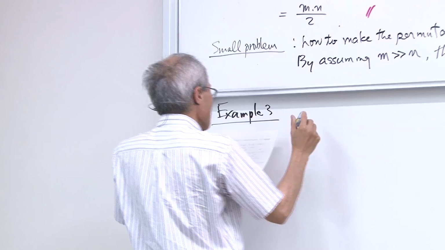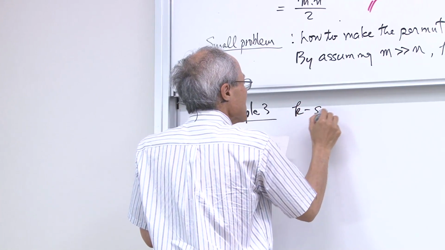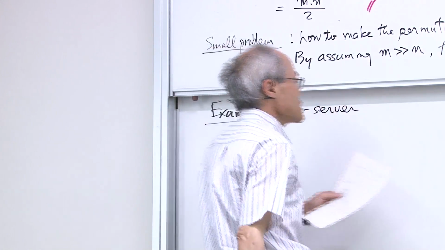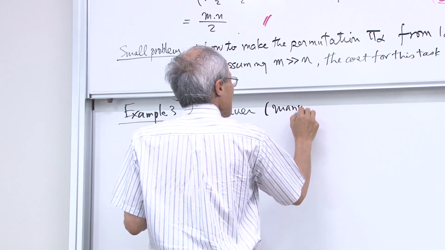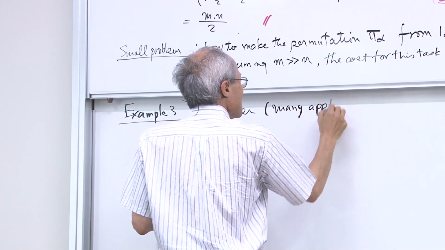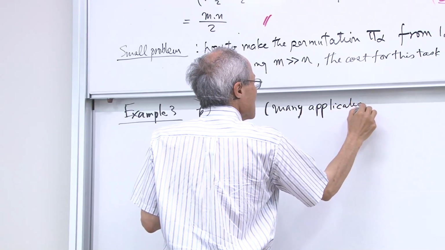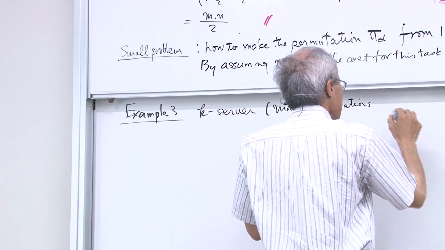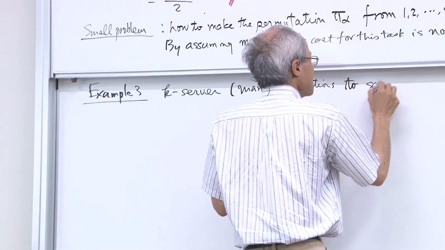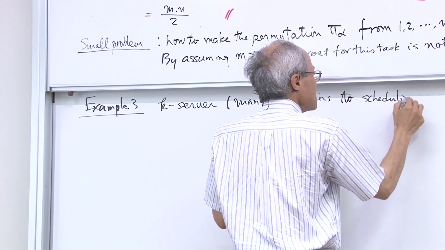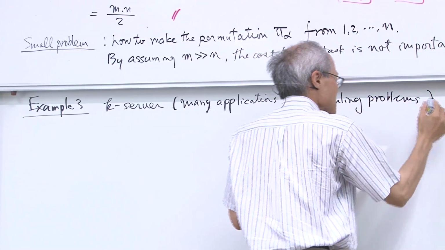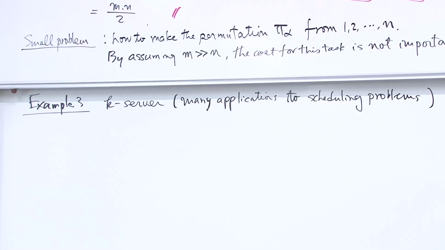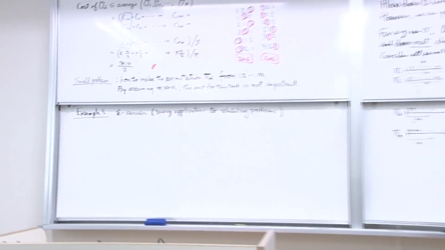Example 3 is the K-server. The K-server problem is very important. As one of the most important online problems, that is K-server.